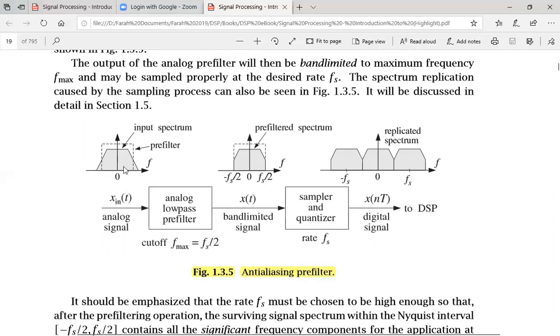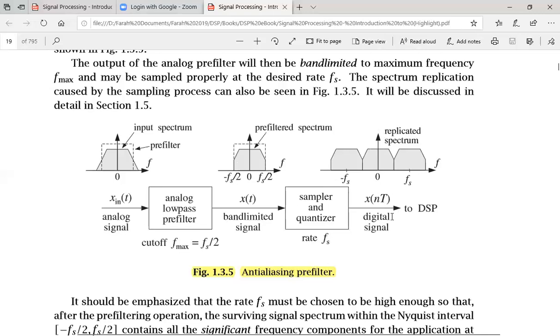So first it has been filtered, the edges have been removed, the signal is limited between minus fs by 2 to fs by 2, and then this spectrum appearing at the input of the sampler and quantizer would be replicated for this discrete time signal, x(nT). It means x(nT) is in the discrete time domain, whereas this spectrum is shown in the frequency domain.